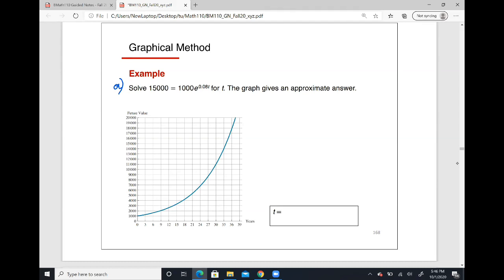In order to see the solution for t in here, you actually look at the line y equal 15,000.